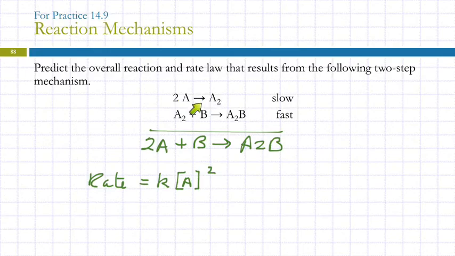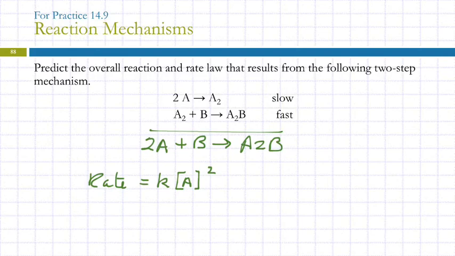If the slow step had B in it, then the rate would depend on B. But the rate is not depending on B because the slow step doesn't even involve B. So this slow step is involving, say, 2 atoms of A coming together to form a diatomic molecule. That's the slow thing. Once that happens, it reacts with B and forms the product really quickly. But it's the first initial getting those two together for this particular made-up example.